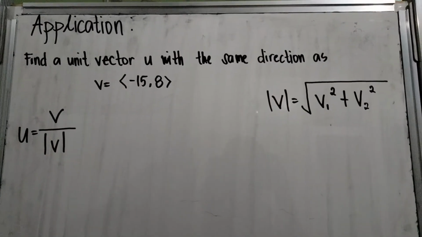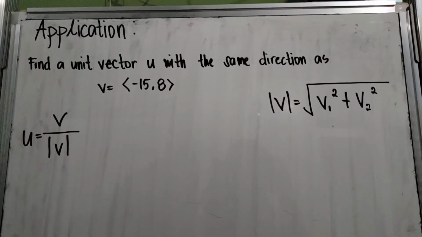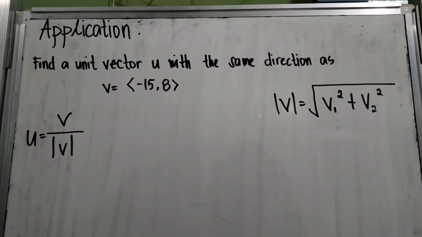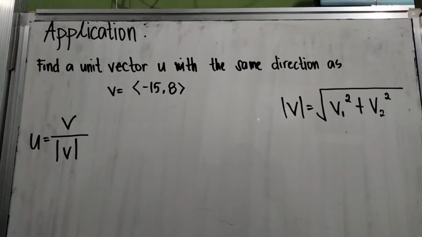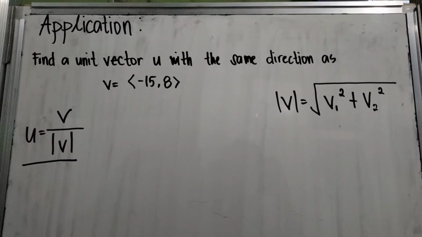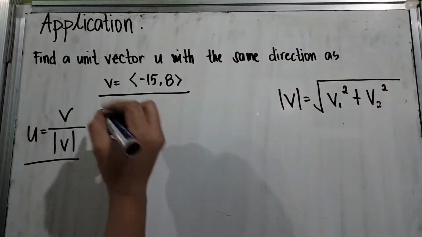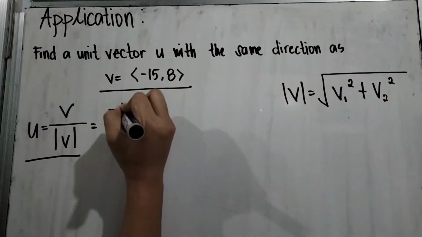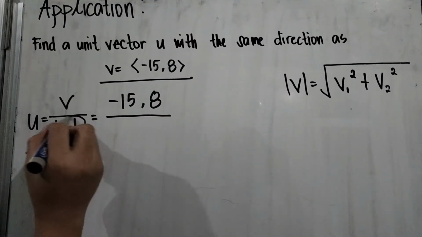For the application, find the unit vector u with the same direction as v equals negative 15, 8. So, ito na po yung formula para sa unit vector. And since andito na yung value ng v, ika-copy paste na lang natin. 15, tapos 8.